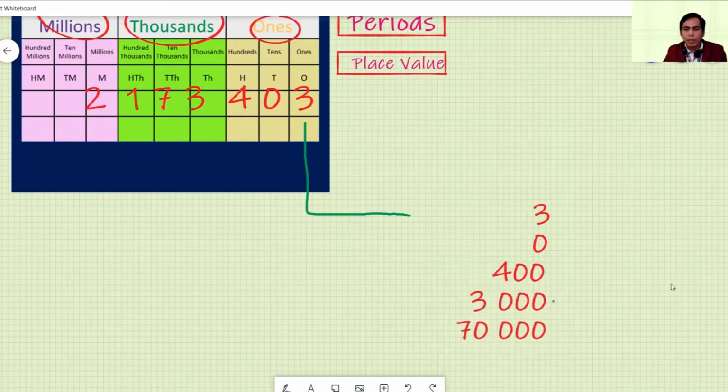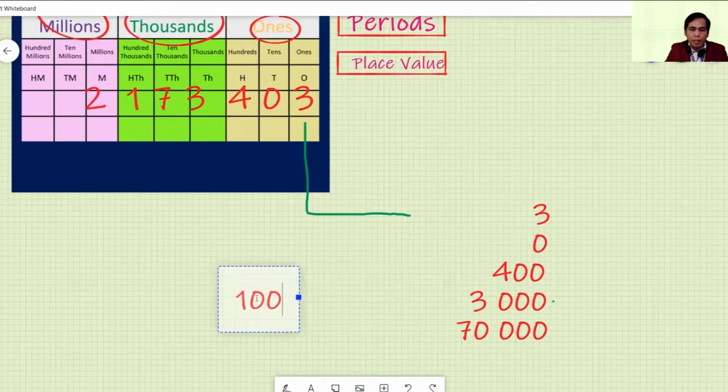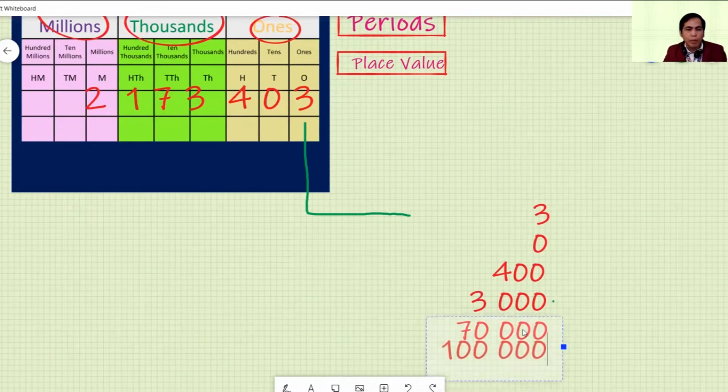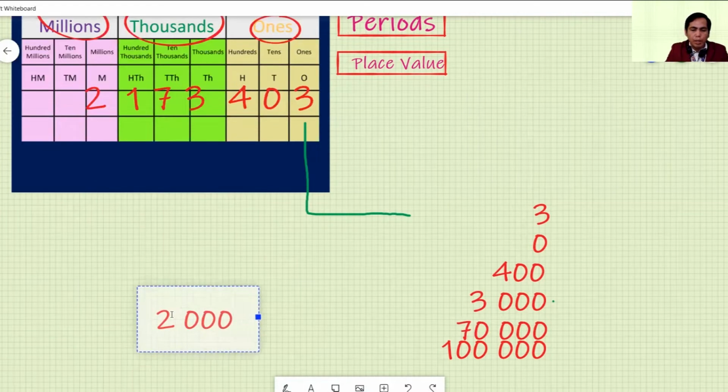Now, 1, which is found in the 100,000s place, or 1 times 100,000, will give us a value of 100,000. So, the value of 1 is 100,000. And finally, the digit 2, which is found in the millions place, or 2 millions, 2 times 1 million will give us 2 million. So the value of 2 is 2 million.